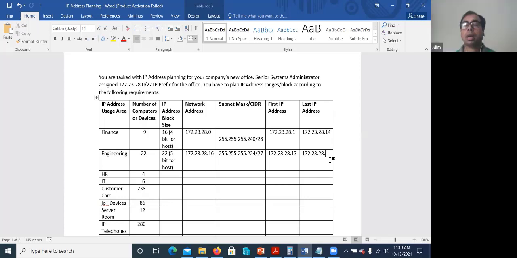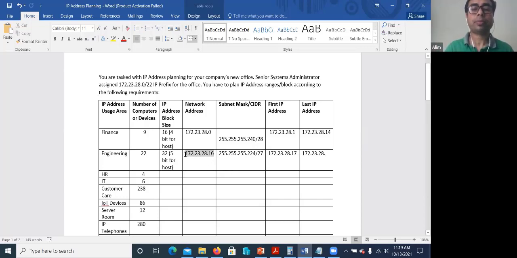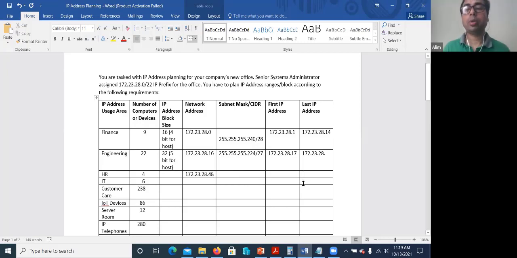48 cannot be used. 48 will be the next network. Let me write it. So it will be the next network, you cannot use it.